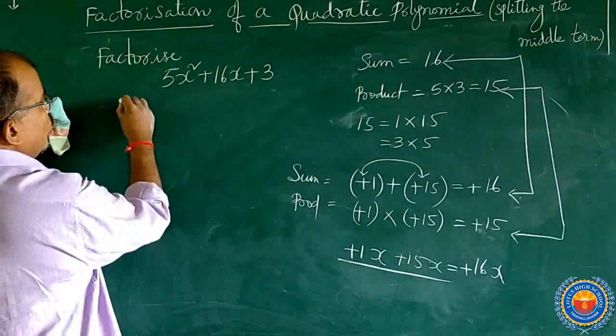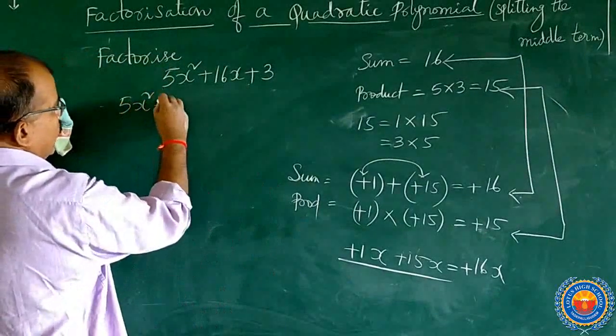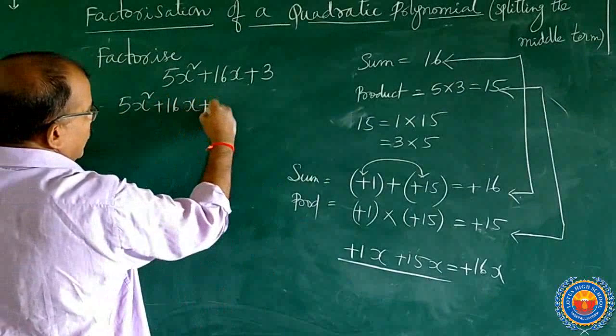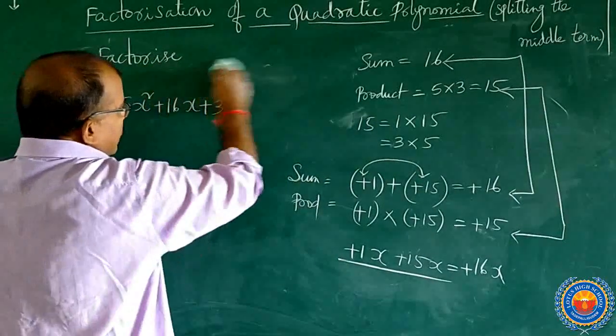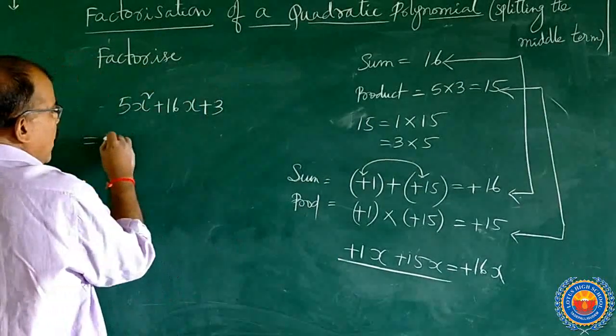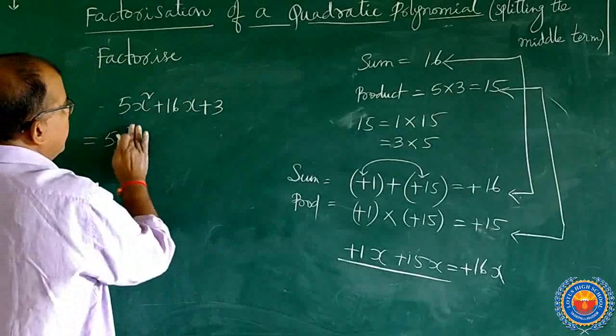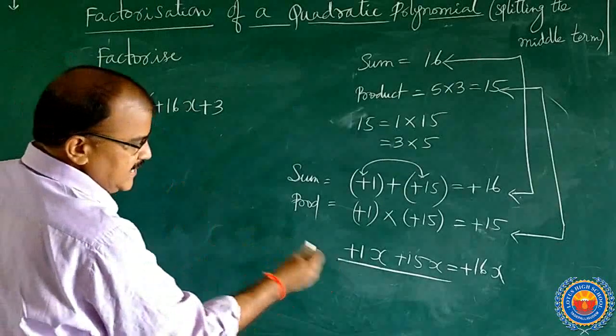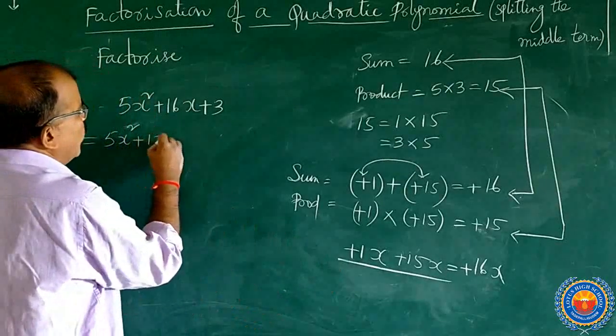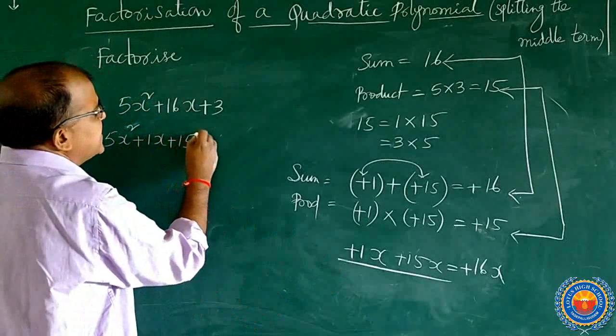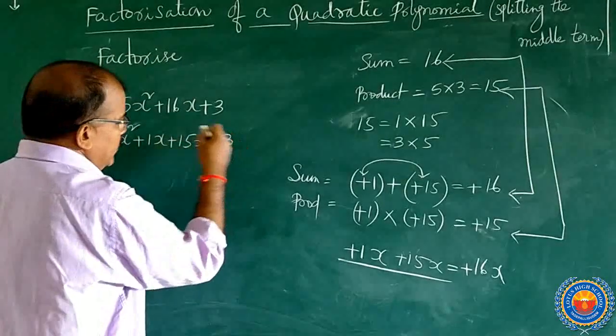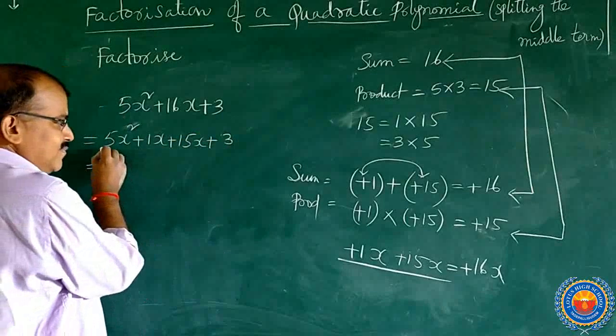Here I write 5x square plus 16x, which is nothing but 5x square plus 1x plus 15x plus 3 is equal to.